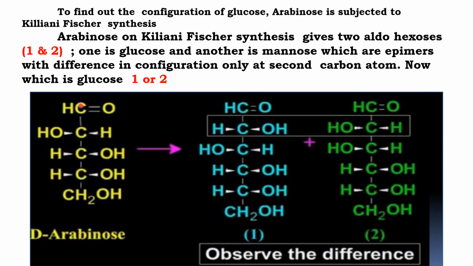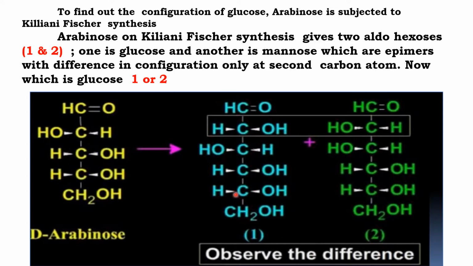So when we subject arabinose to Kiliani-Fischer synthesis, I will get two aldohexoses. Out of these two aldohexoses, one is glucose. Now we have to find out whether the first one is glucose or the second one is glucose.